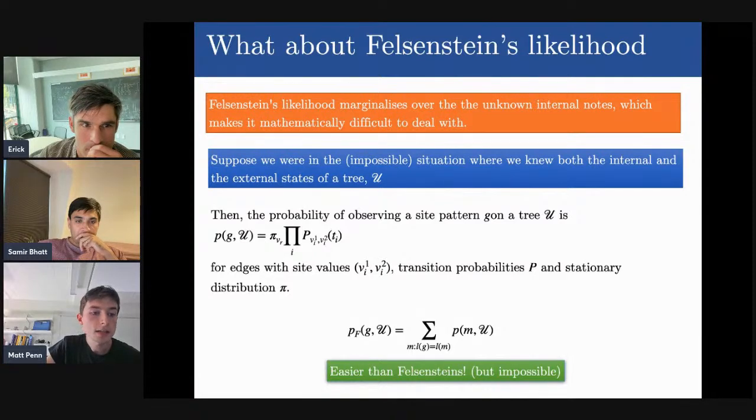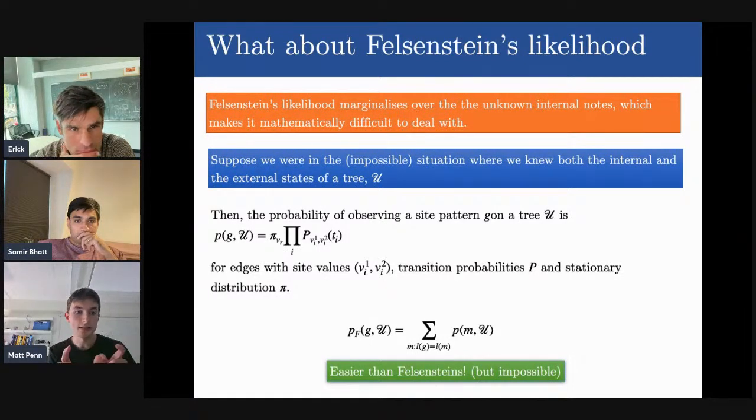When we take the expectation of P(G|U) over this randomly generated sequence, we only need to find the expectation of the individual logarithmic terms, because we've just got a sum and it's going to split out. And then you can show that the distribution of that random site, VI2, is exactly the same distribution as if you'd started from VI1 and then simulated to VI2, by the Markov property and the stationarity of the whole thing. So that's where that comes from.